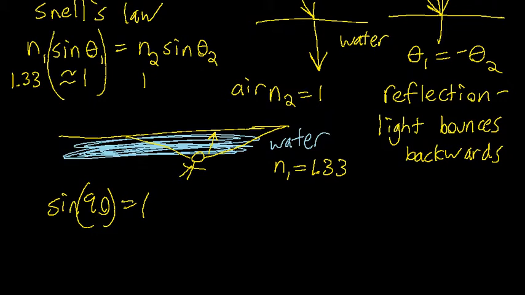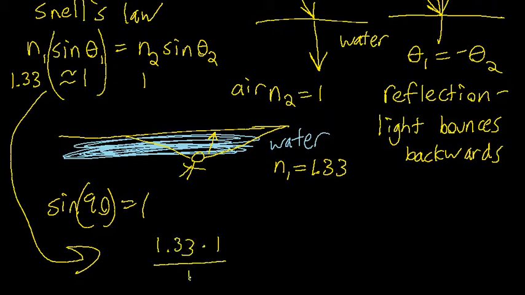What's the angle going to be in the air? Well, let's take this down here. If you take 1.33 times 1 divided by 1, that's just 1.33 on the left side, equals sine of theta 2.